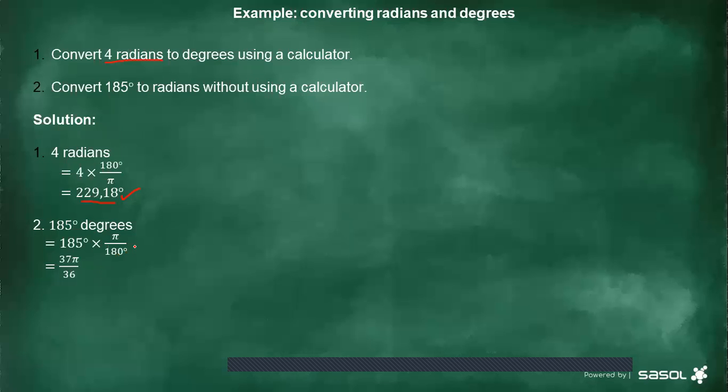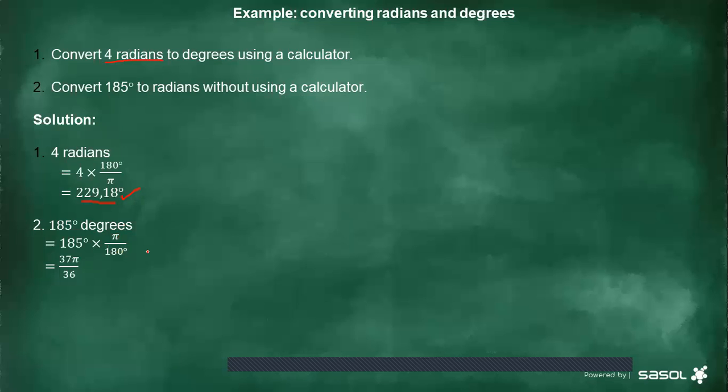So just make sure that you don't mix the two, because sometimes learners mix up the 180 over pi, thinking they are doing the right thing, whereas they are mixing the two. Just make sure that when you are converting from radians to degrees, it's 180 degrees divided by pi. That's what we are using. And for degrees to radians, we are using pi over 180 degrees.